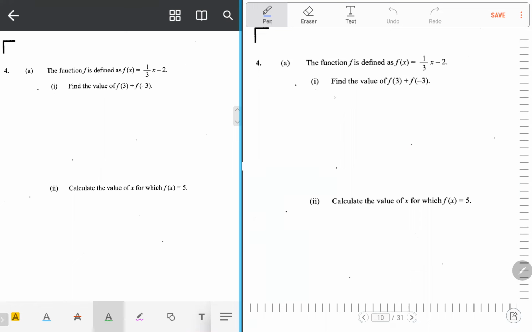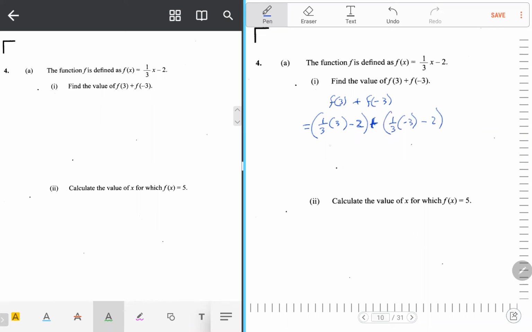So let's write it: f of 3 plus f of negative 3 would be equal to, the f of 3 becomes 1/3 of 3 minus 2, and f of negative 3 becomes 1/3 of negative 3 minus 2.